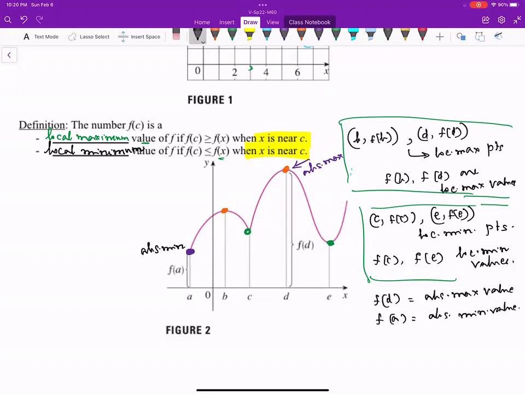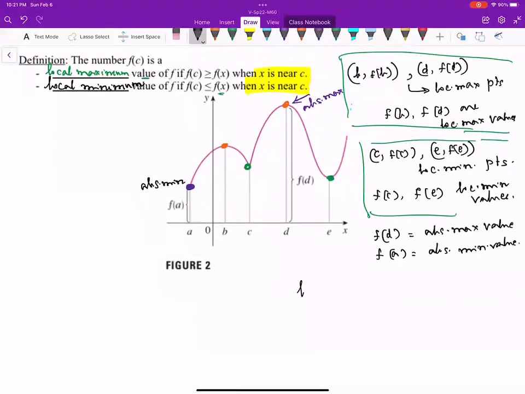So f of A cannot be a local minimum because there is no part of the graph on the left side of f of A, and it occurs at an endpoint of the interval. So the absolute maximum and absolute minimum can occur at the endpoints of the interval, but a local maximum or local minimum cannot occur at the endpoints of the interval.